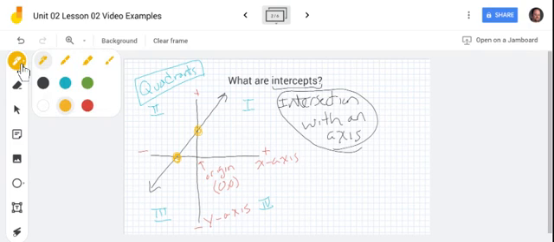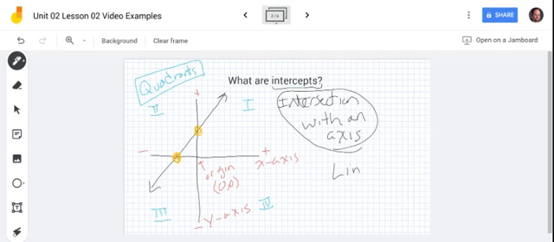Now, lines are special. Lines normally hit each axis once. They will never hit twice or more than that.